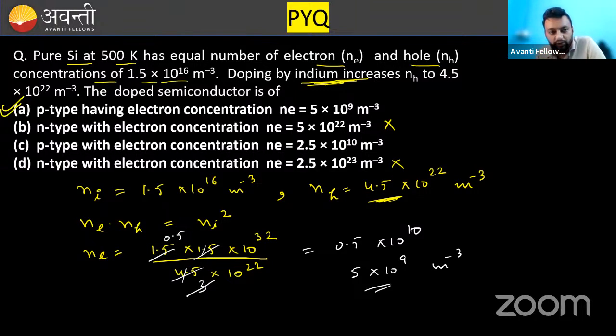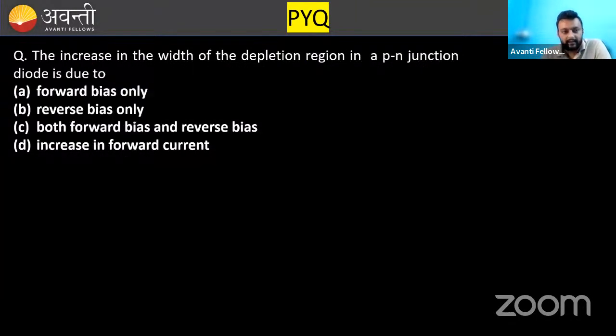Okay, so this is the question, very basic question. Next question, just one more question, after that we will start with rectifiers. Look, this question you should answer. The increase in the width of depletion region in a PN junction diode is due to forward biasing, reverse biasing, both forward and reverse, or increase in forward current.